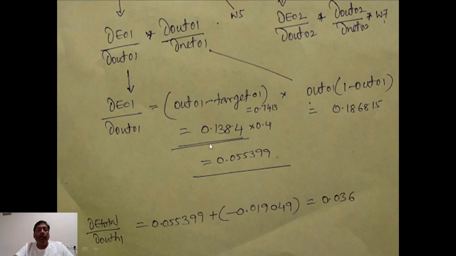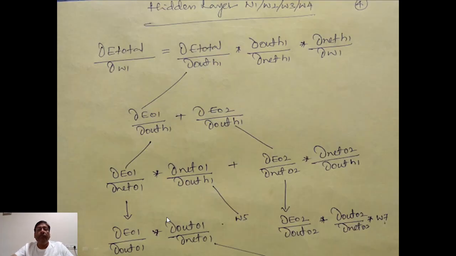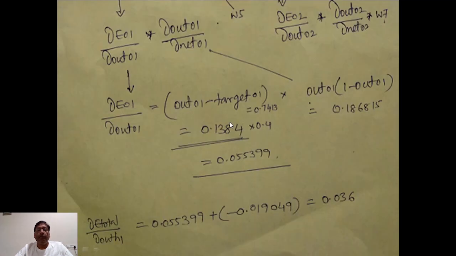So then if I calculate this E total upon out H1, you have to perform addition of this plus addition of this. So when I do that, I'm going to get 0.055399 plus the value of this, which is 0.019049.